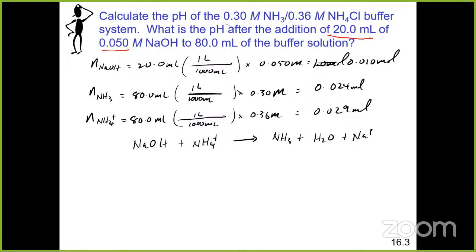All right. Now, in this case, what I would do is write down the ice table, where the initial moles of sodium hydroxide, which is 0.010 moles, and the moles of ammonium, which is 0.029 moles, are written down, and the number of moles of ammonia would be 0.024 moles.